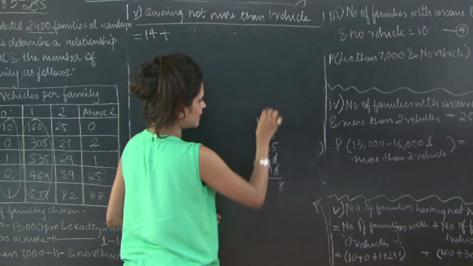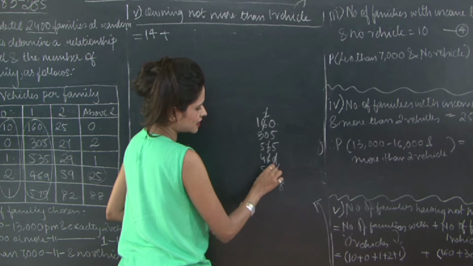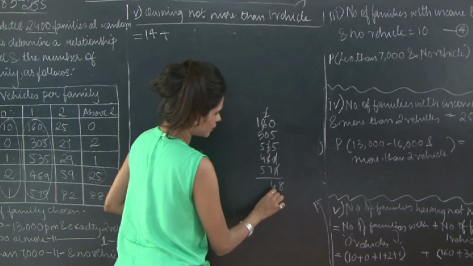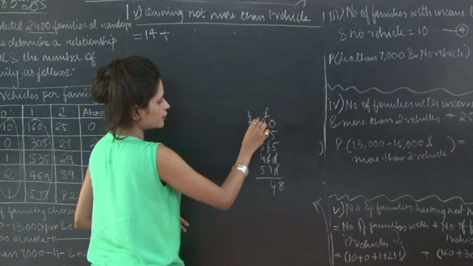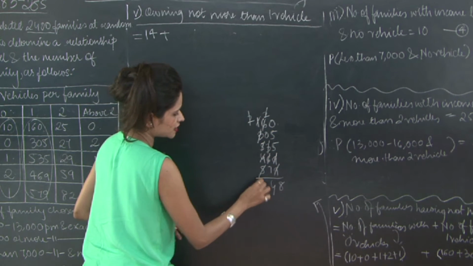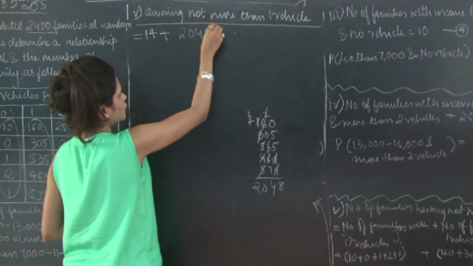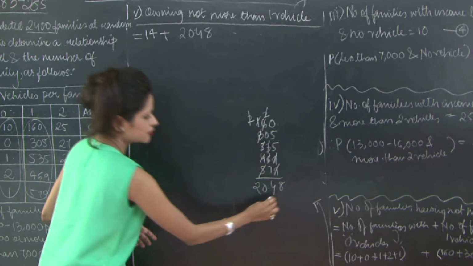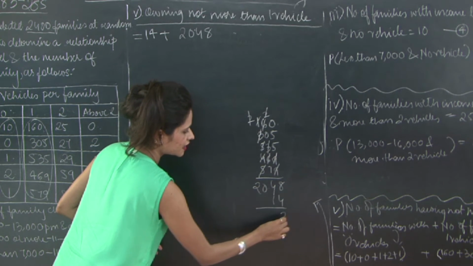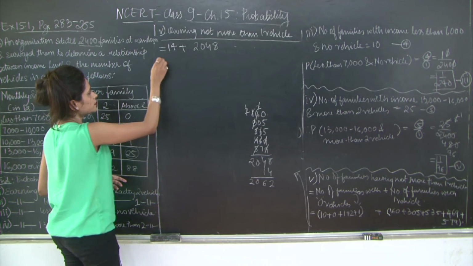Then 6, 7, 8, 9, 10, 11, 11 plus 6 is 17, 17 plus 7 is 24. Then 2, 3, 6, 11, 15 and 20. So 2048. 2048 plus 14, 8, 9, 10, 11, 12 and 6, 0, 2062.